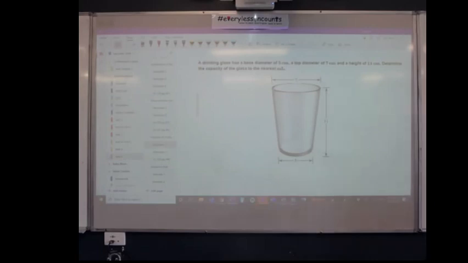So a practical example. A drinking glass has a base diameter of 5 centimetres, a top diameter of 7 and a height of 11. Now obviously I don't want you to just use your volume formulas, I actually want you to think about this in terms of volume of rotation.